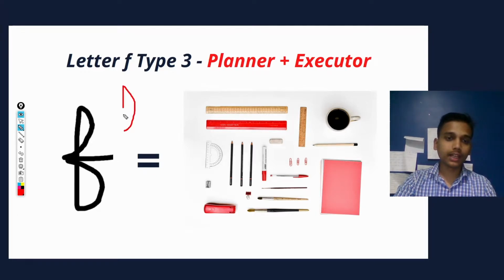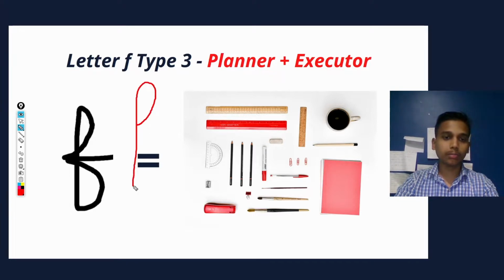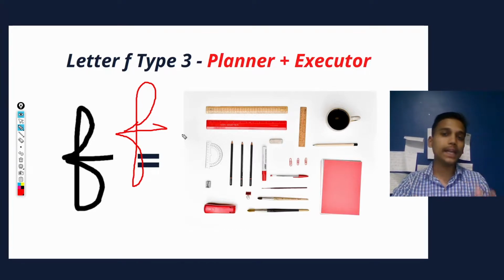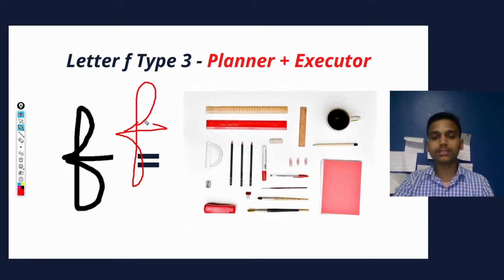Now there are some people who have a bigger upper loop and a small lower loop. So these are the people who plan more and execute less, which is not good. You must at least execute more and plan a little less. That would be good. Yet this one's not good.